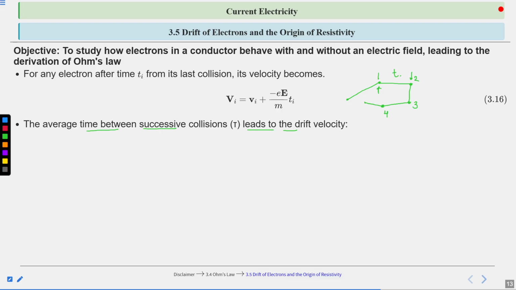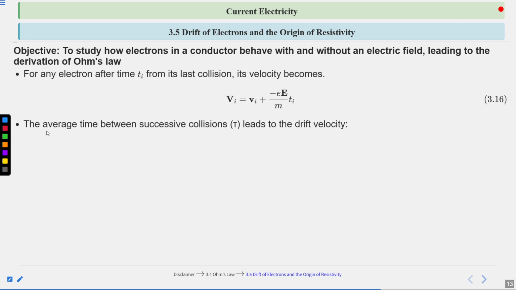Suppose T1 is the time taken between first and second collision, and T2 is the time taken between collisions 2 and 3. You can clearly see the distance covered between the second and third collision is less, so time T2 will be less than T1. Similarly, for every successive collision, the time between two collisions will be different, not always the same.